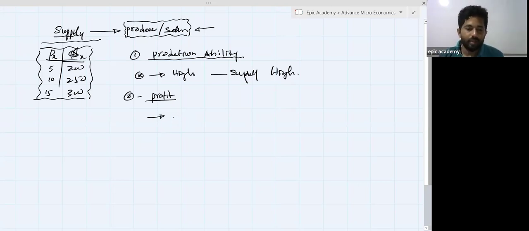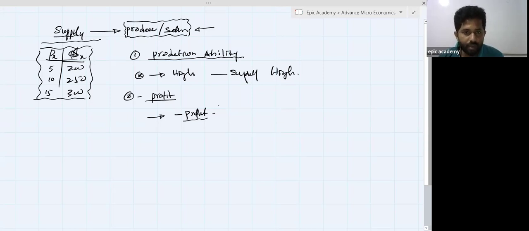Just consider if any producer produces goods and services and sells into the market, but he is getting losses, I mean negative profit, then he is not going to consider prices and other things related to production and selling quantity, because he is already getting losses.